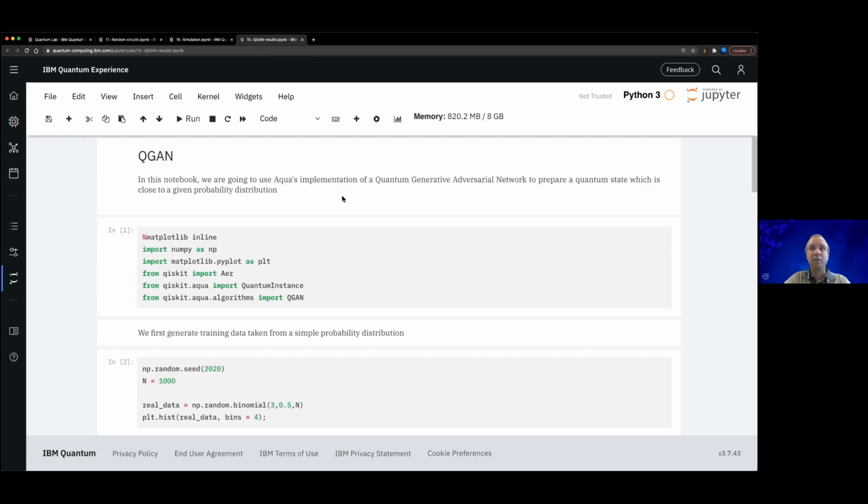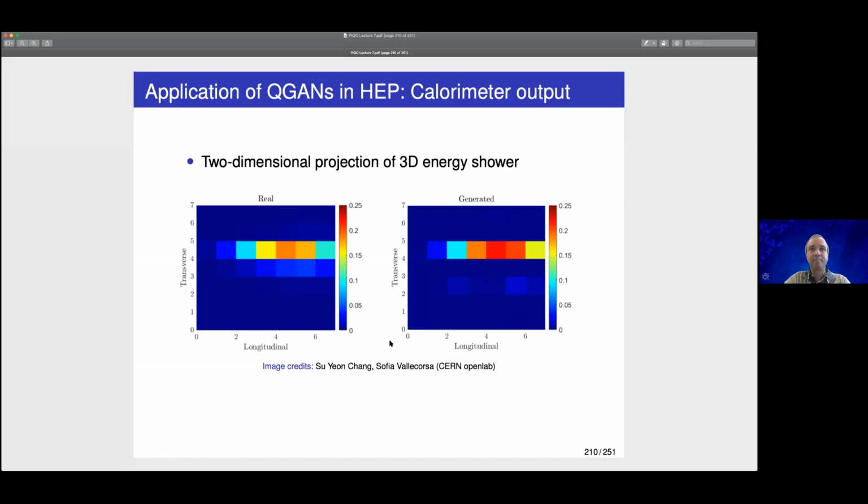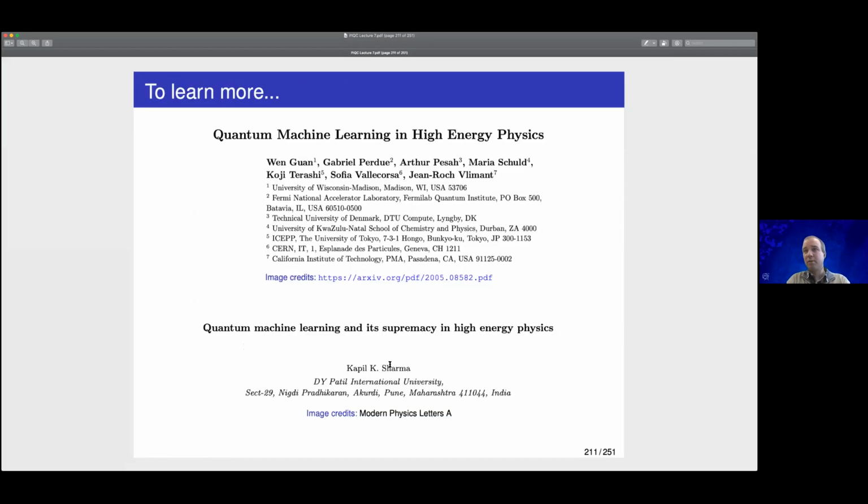Okay, let me go back to my slides. Okay, so this is all that I wanted to show you about quantum machine learning. Of course, quantum machine learning is a very active field, and there are many new developments and different models that I have not covered.